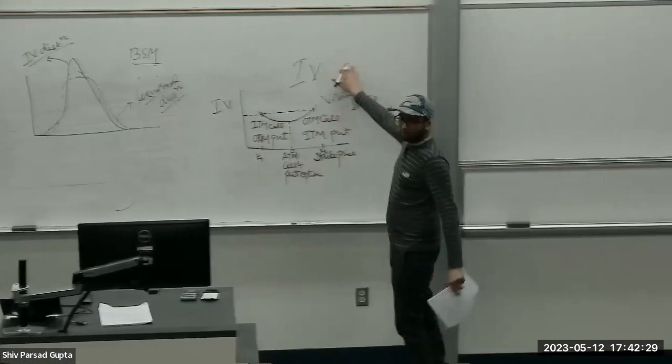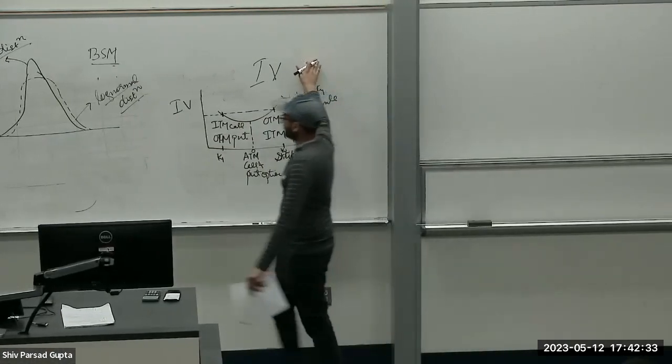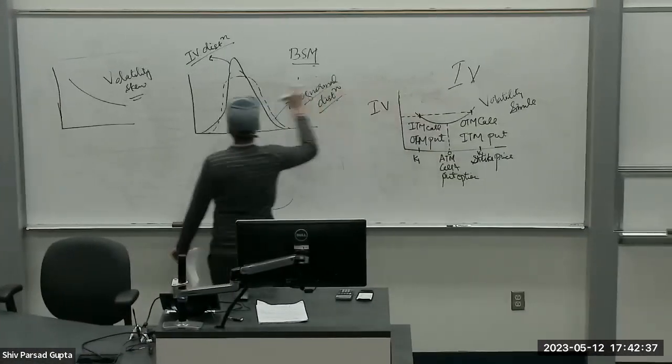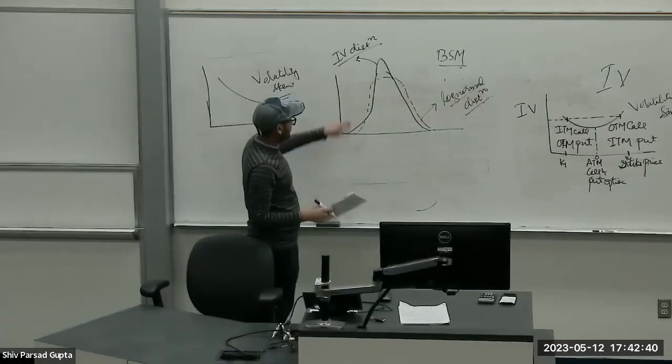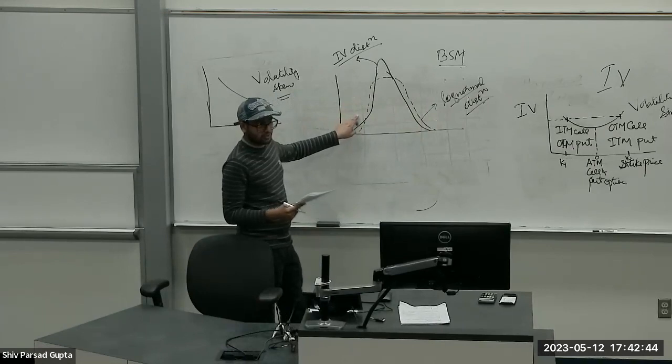Implied volatility indicates the expensiveness or cheapness of the option price, and using the implied volatility concept we can draw this diagram. So we can have the log normal distribution, or we can have the implied volatility distribution.